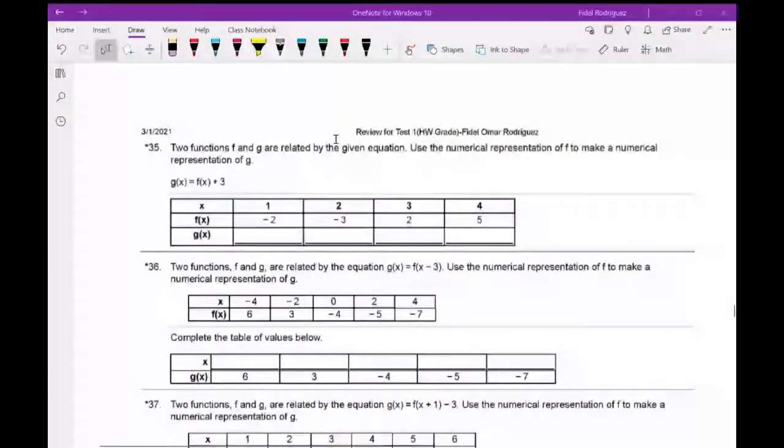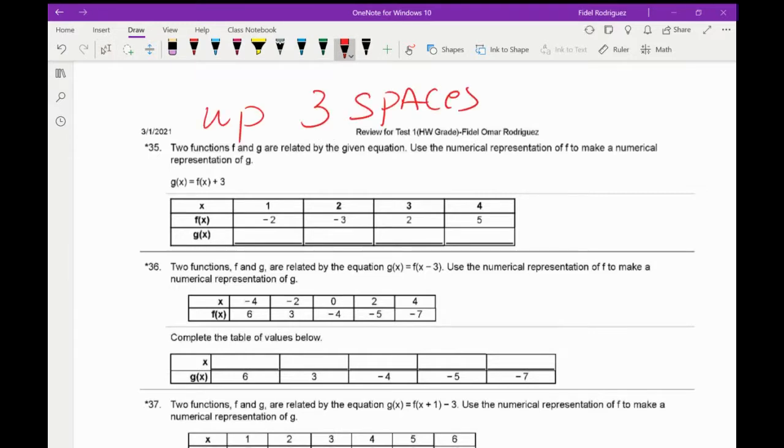So when I look at my particular problem that we're going to do right now, number 35, the first thing I notice is that plus 3 is on the outside of the parentheses. So since that plus 3 is on the outside of the parentheses, this means that our graph is going to move up 3 spaces, right?